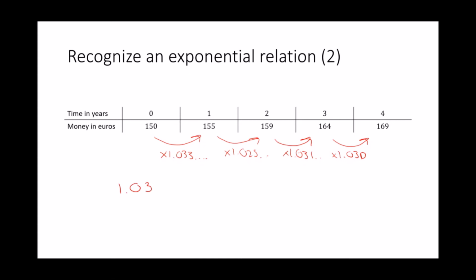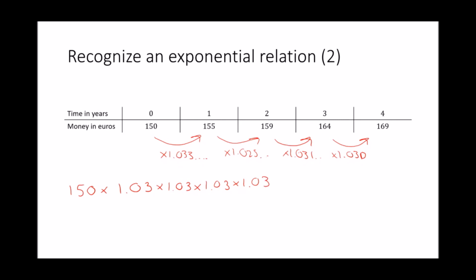And as it turns out, if I take my 150 and I multiply it by 1.03, I will get approximately 155. If I multiply it by 1.03 again, I will get approximately 159. If I repeat this, I get 164 and then 169.